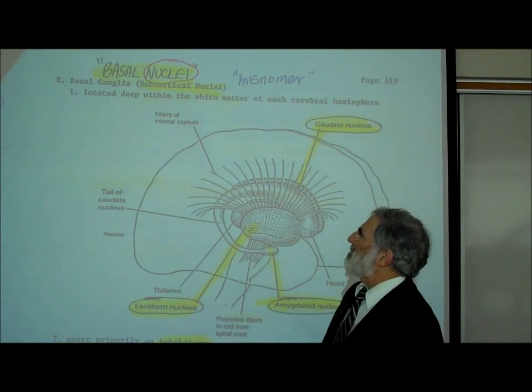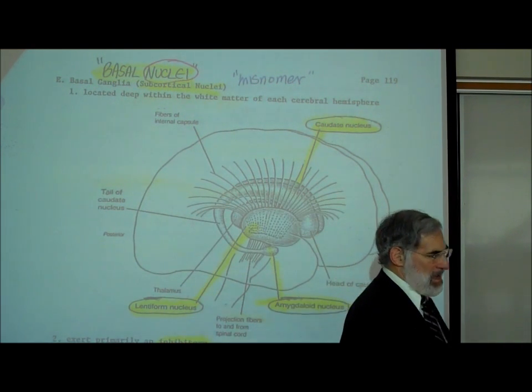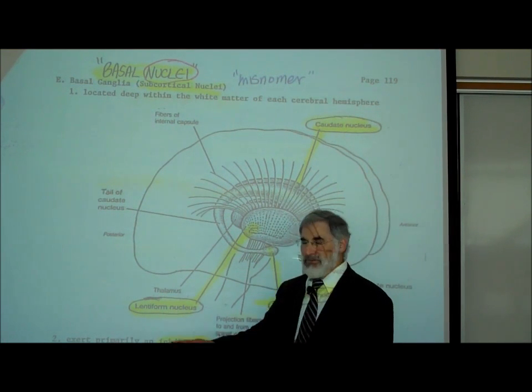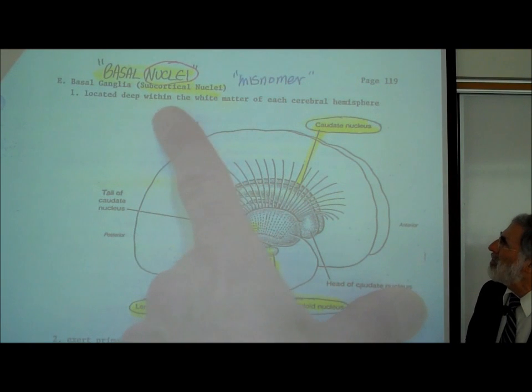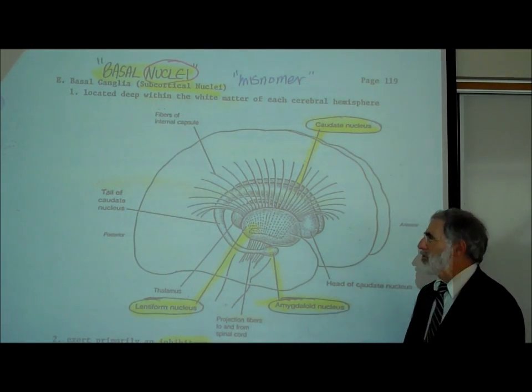So really, rather than calling this collection of neurons in the brain a basal ganglia, it would be better to call it basal nuclei. In fact, the best term is subcortical nuclei because the actual location of these neurons is just below the cerebral cortex.